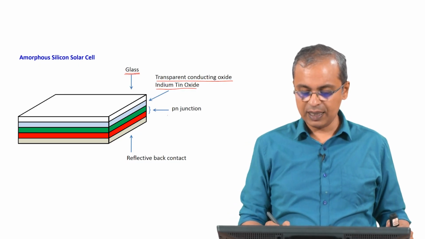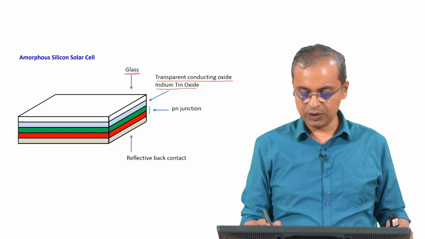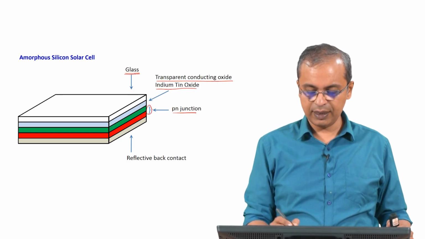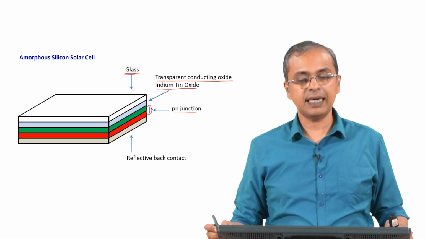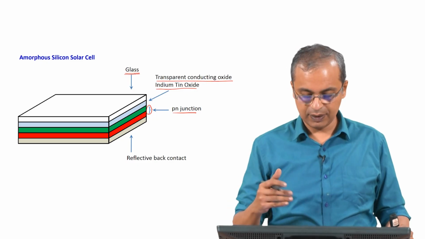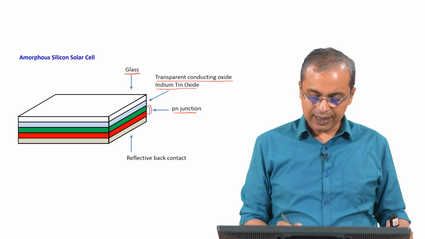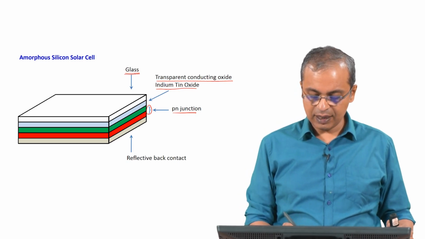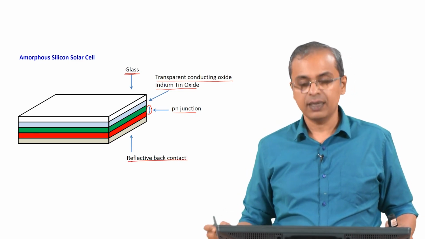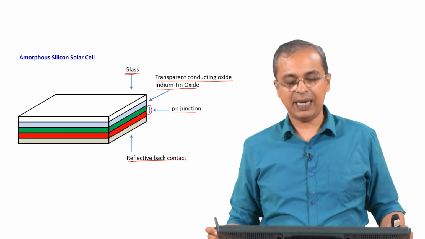The p-n junction comes below that, which is what you see here, and that is where the charge separation occurs and your electricity generation happens. And in the back you again have a contact through which you can pick up electricity, which is your reflective back contact.